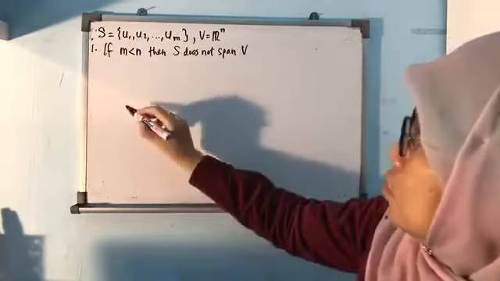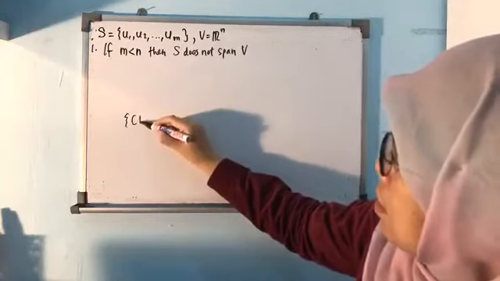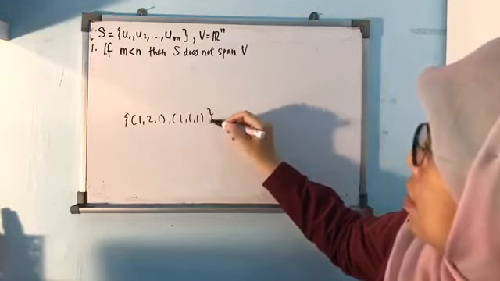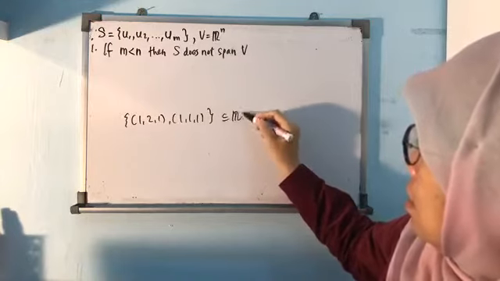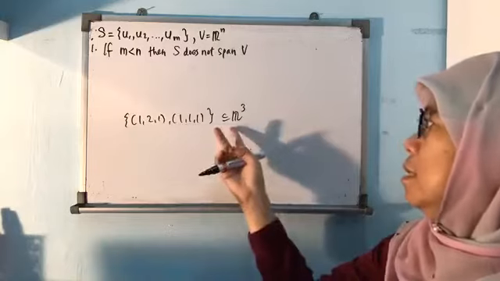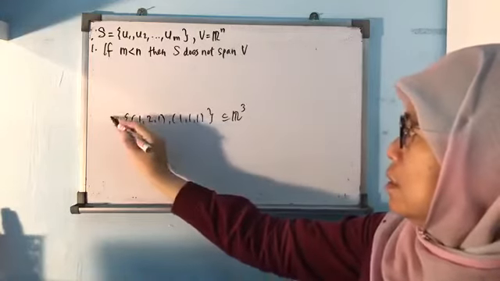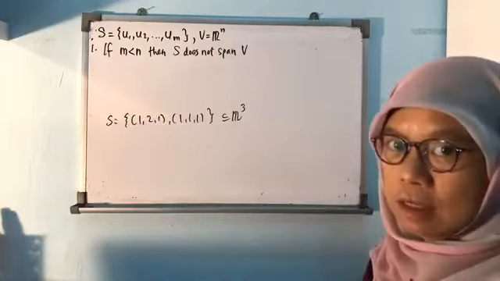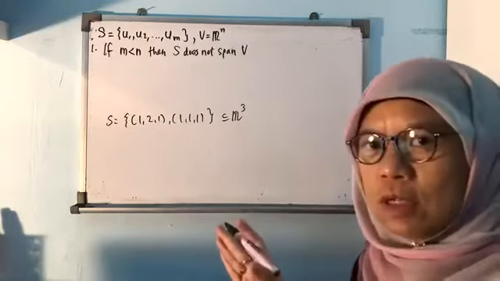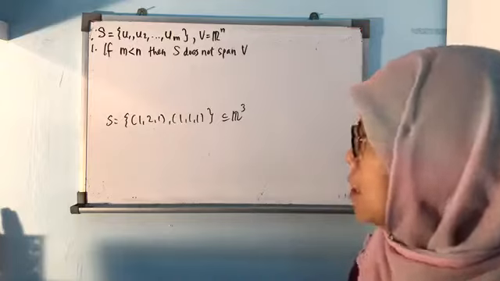Okay. Contoh lah kan. Kita ada 1, 2, 1, 1, 1, 1. This is R3. 2. This is 3. So S does not span R3. Tapi kena bukti lah secara guna definition. This is just to see kan.